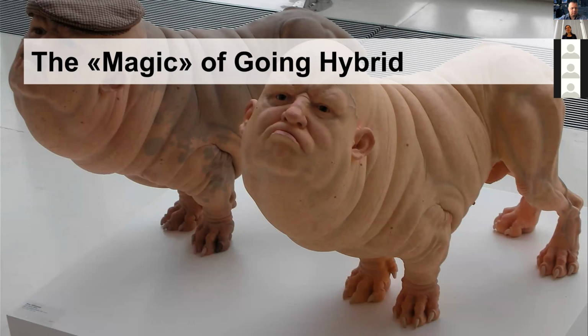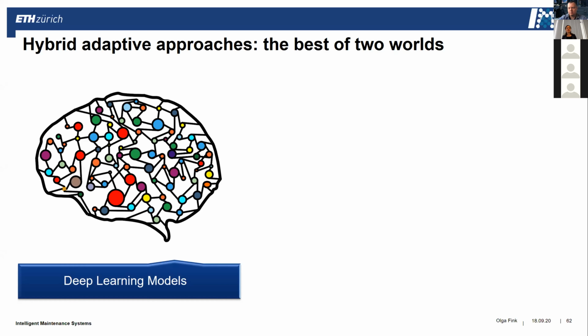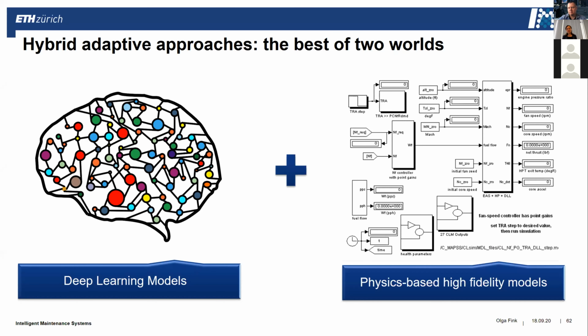The idea is that we use deep learning models, since they have shown to be quite powerful, but then enrich those models with physics, rules, constraints, prior information, domain expert knowledge, or even physics-based high fidelity models. There are also different options on how to plug in and combine the physics. So we can go into many different aspects.